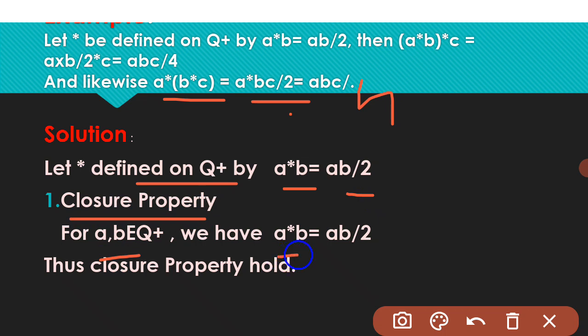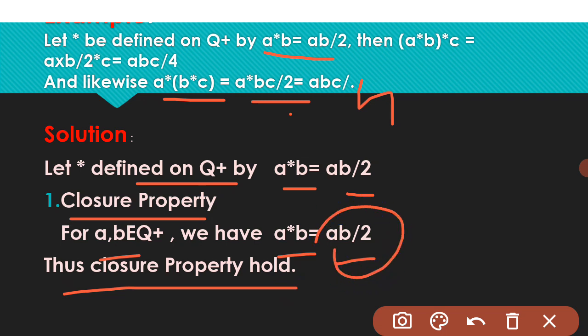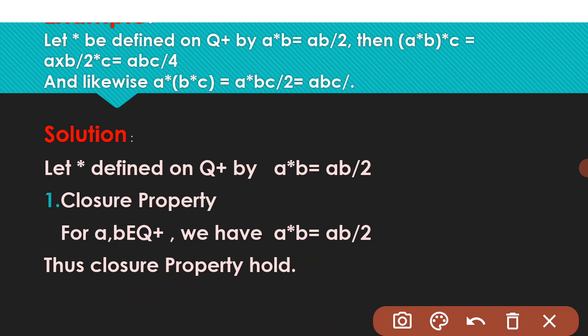We have a asterisk b as defined earlier in the question, that a asterisk b is equal to ab by 2. Hence the closure property holds, because when we take two elements and operate them by the given operator, it gives us the answer that we need. So here the closure law is proved.